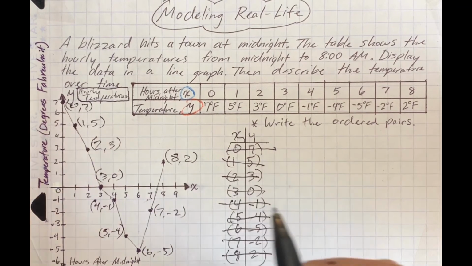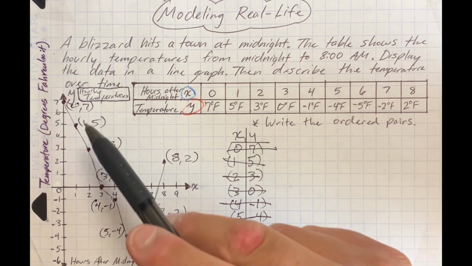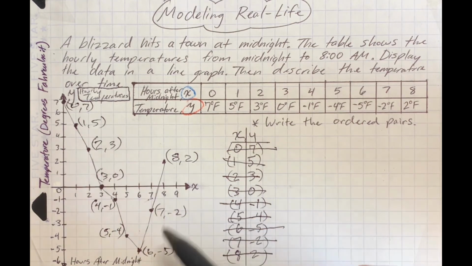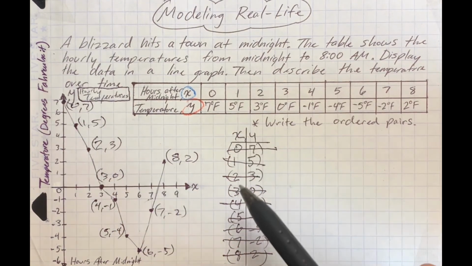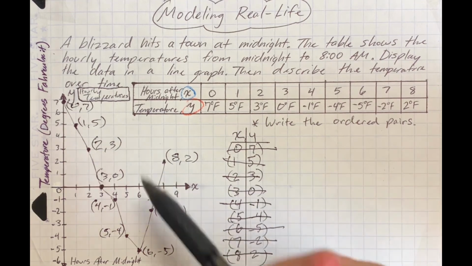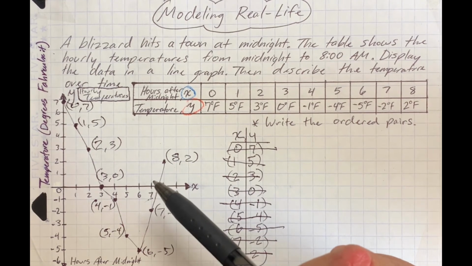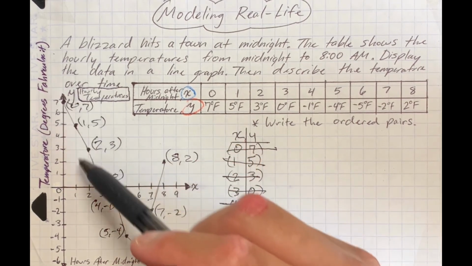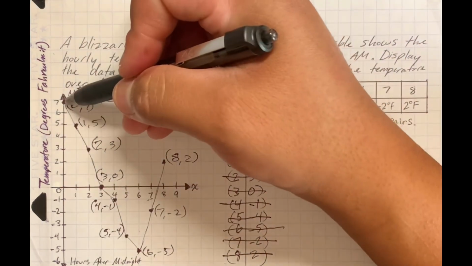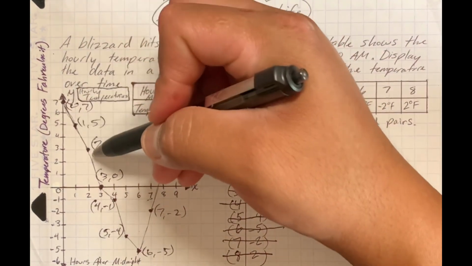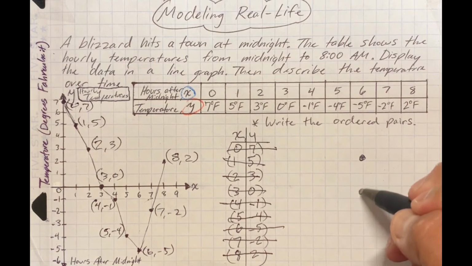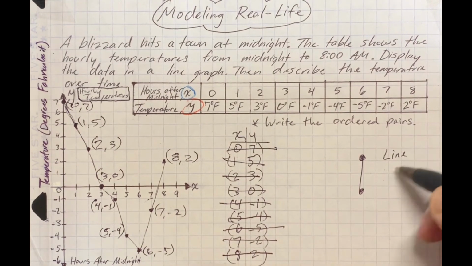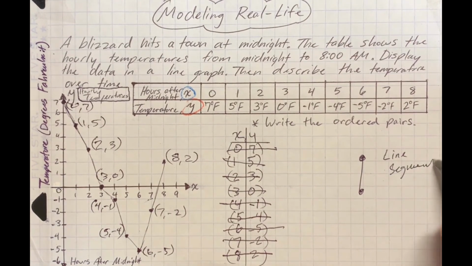Whenever you hear label your points, this is what we mean by labeling your points with the ordered pair. So this is a location. Now, we connected it with a line segment. A line segment looks like this.